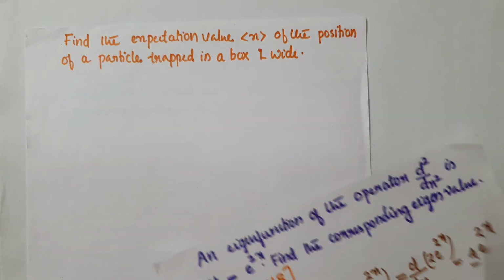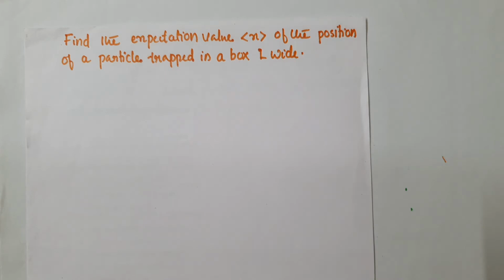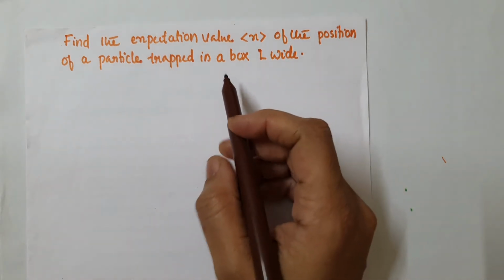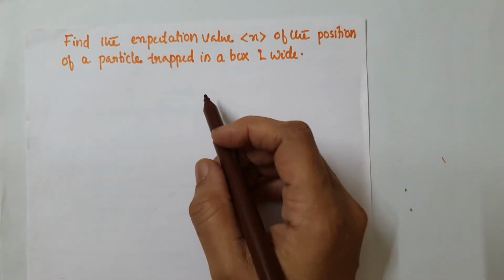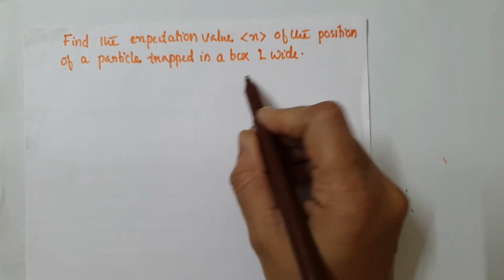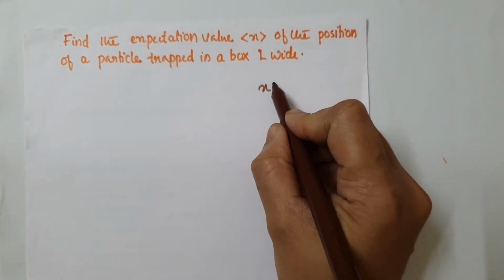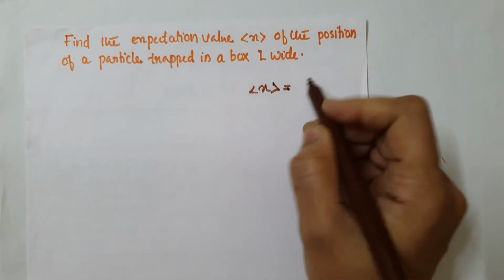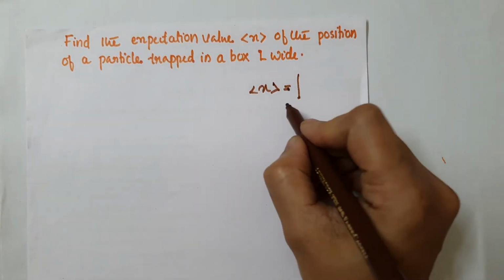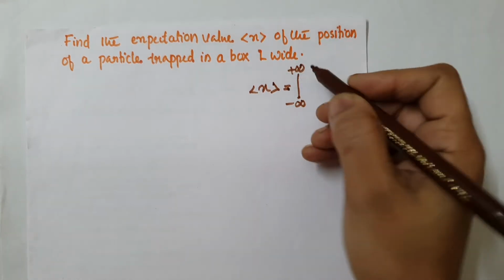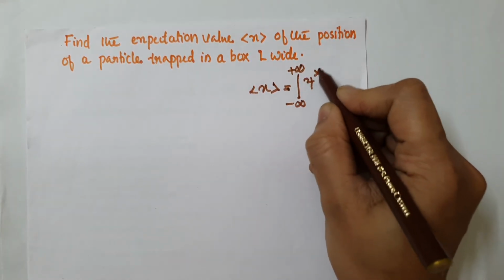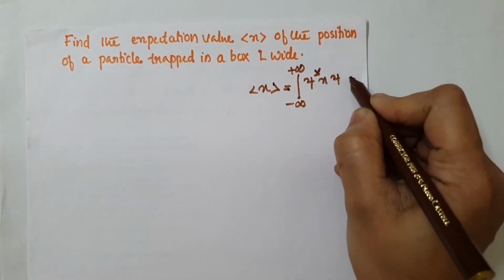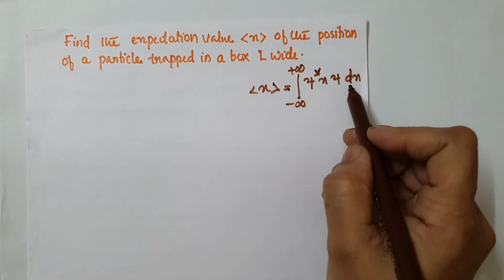And the next question is, find the expectation value of the position x of a particle trapped in a box L wide. We have studied the expression for expectation value. In general, the expectation value for the position of the particle can be represented as x equal to integral from minus infinity to plus infinity psi star x psi dx for one dimension.